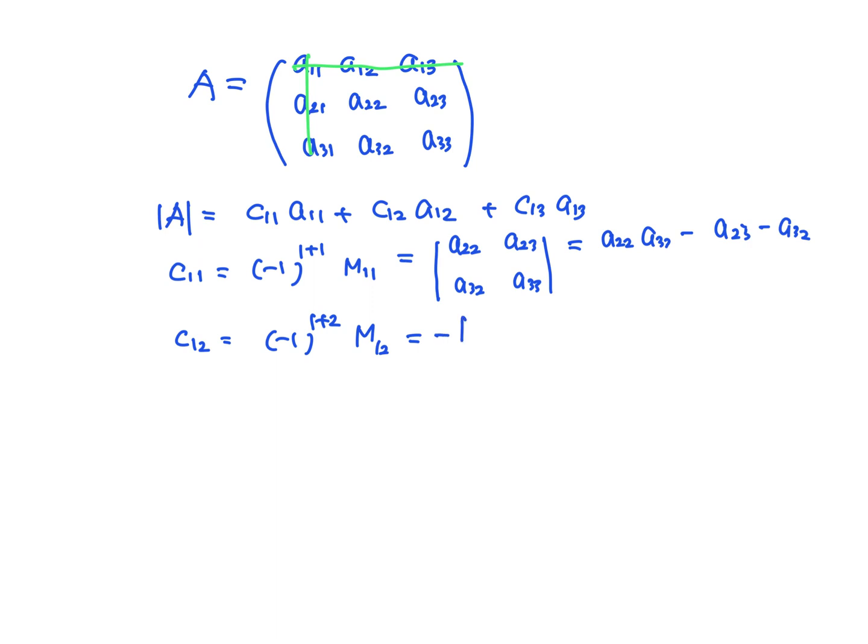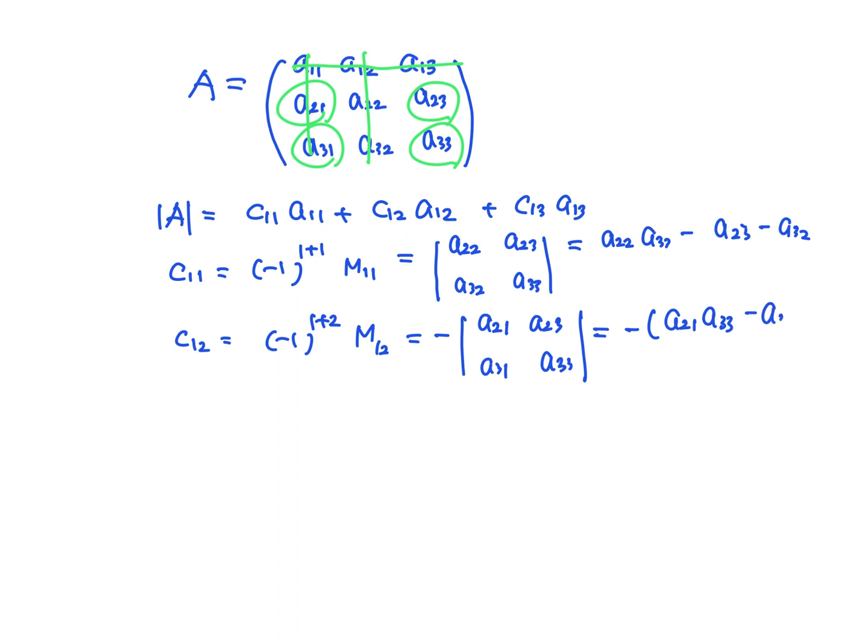So minus the determinant which is obtained by deleting the first row and second column. Deleting the first row and second column, you get A21, A23, A31, A33, which is minus of A21 A33 minus A23 A31.